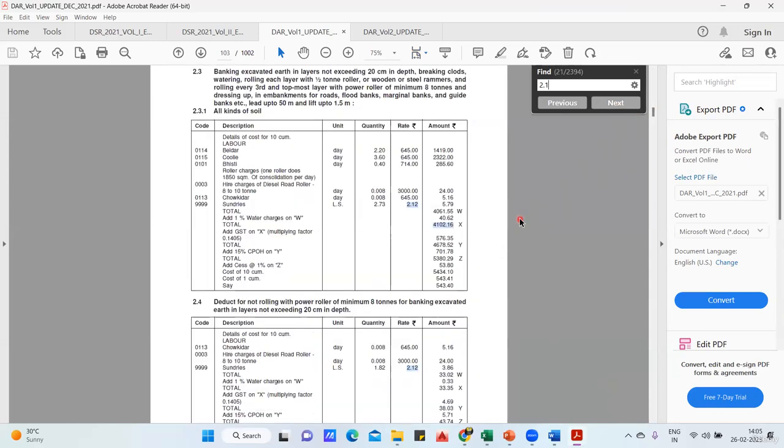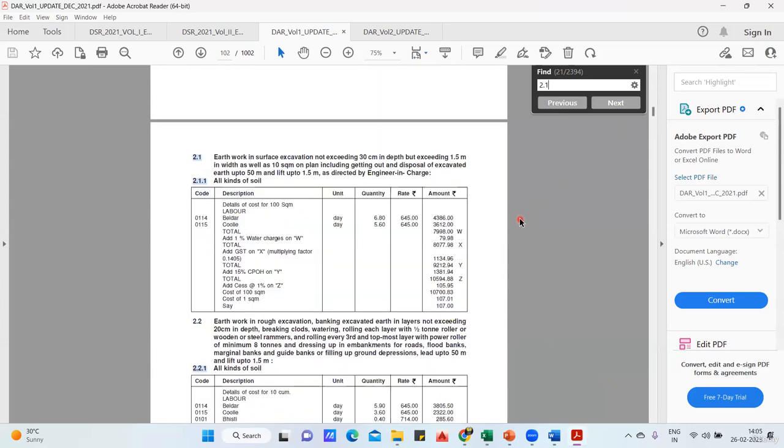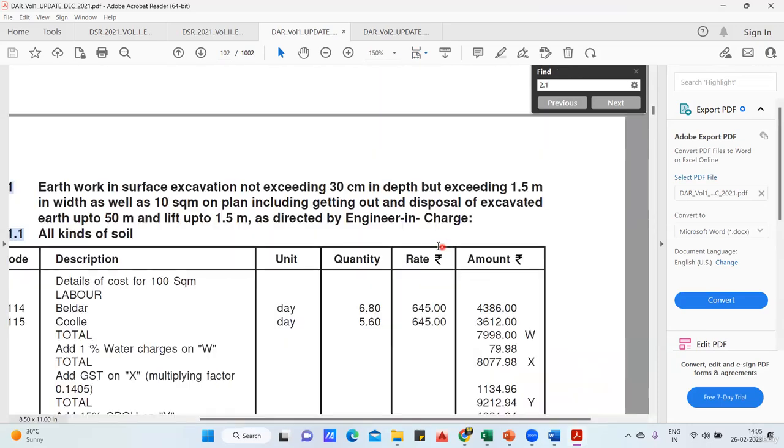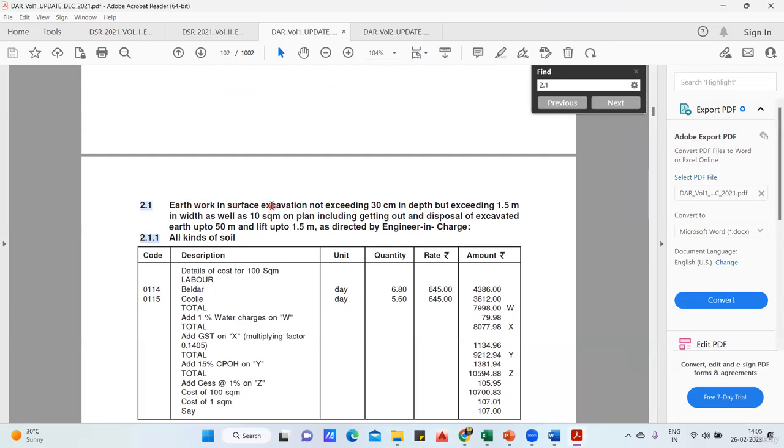It should start from here, 2.1. So you can see here: earthwork in surface excavation not exceeding 30 centimeter in depth, but exceeding 1.5 meter in width, as well as 10 square meter on plan, including getting out and disposal of excavated earth up to 50 meter and lift up.